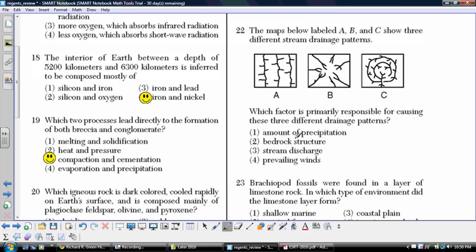The thing that's going to control the way that water flows out of an area could be many, many things, but primarily the structure of the bedrock, the gradient of the slope, gravity working on the water, and whatever structure there is in that rock is largely going to determine the rates of weathering over time.